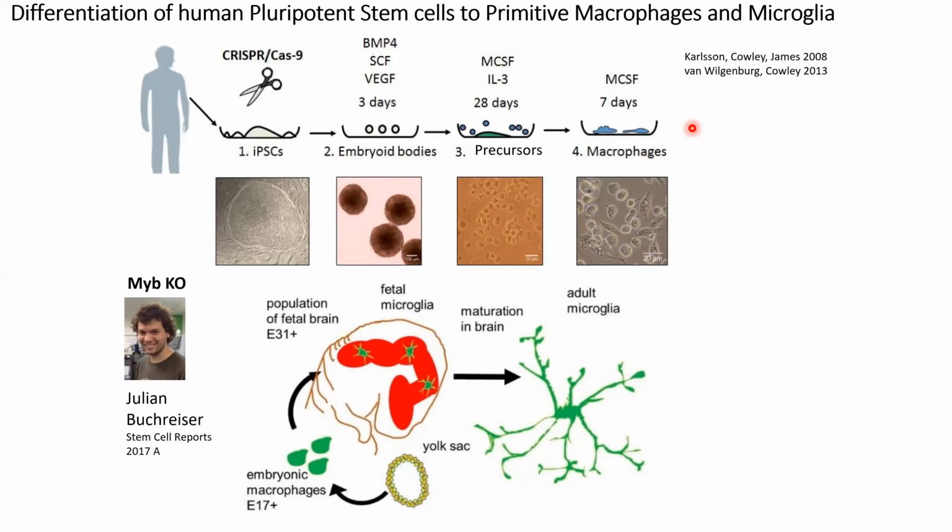And within the context of the brain, they mature and become the adult microglia that you're used to looking at. And so this is the correct ontogenic pathway that we should be trying to recapitulate.